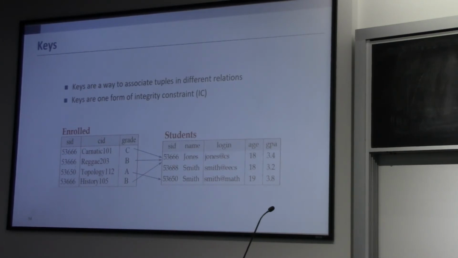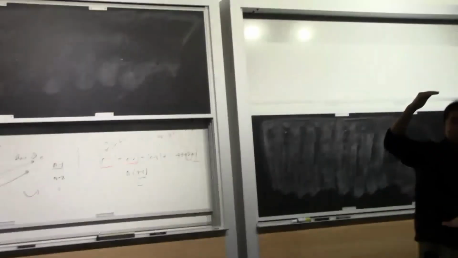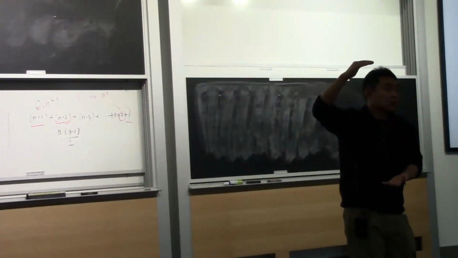If you have ever taken an object-oriented programming course, either Java or C++, C++ would be the best, you know what the concept of object is. An object is nothing else but a memory space allocated for a particular instantiation of a class in your code. For example, I have a class of car. That's an abstraction.